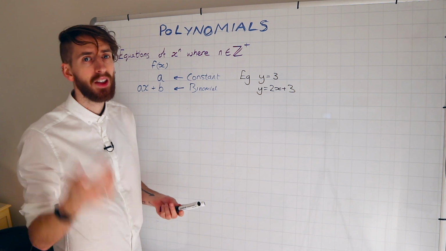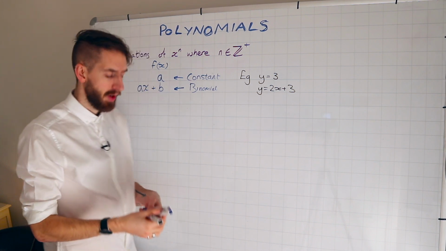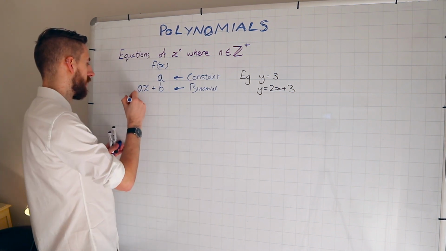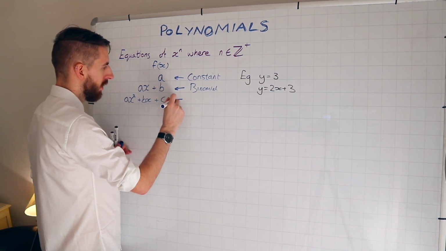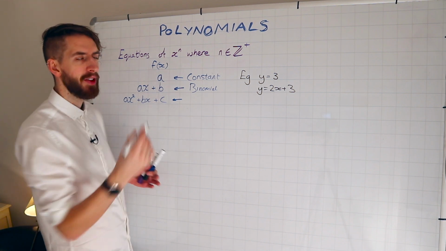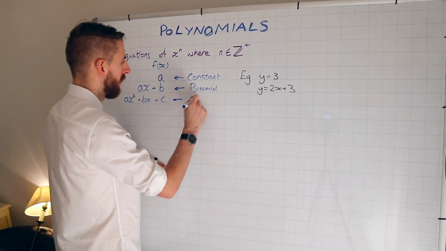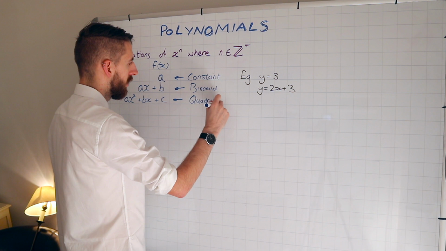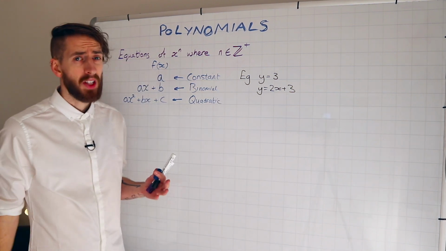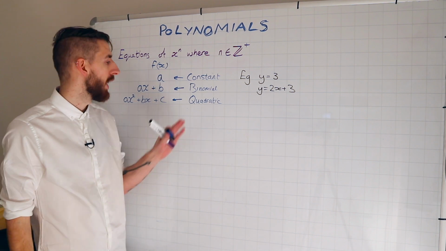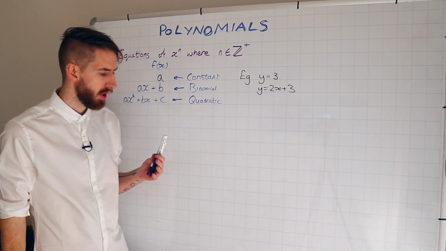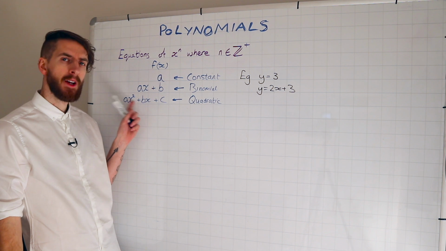So what comes next? Well, that's your non-linear equations. Your quadratics. Now these are really important. We'll spend a lot of time on these. And right now I want to point out why it's called a quadratic. And you might think that, well, it's got 2 here.